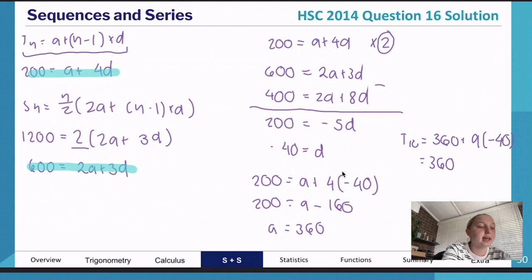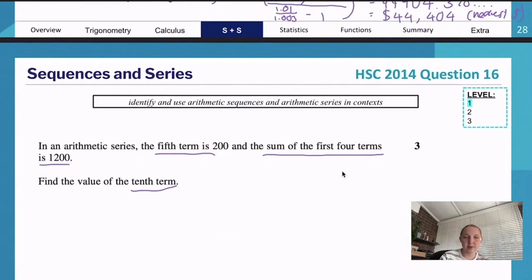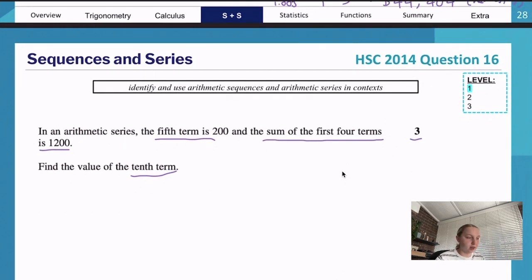I'm just going to check that with the calculator, just in case my mental maths is wrong. And so therefore our 10th term is equal to 0. Pretty simple question. It is worth 3 marks because there's quite a fair bit that you need to do, but the maths itself is not too tricky.